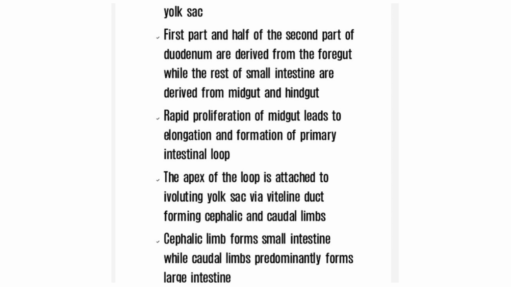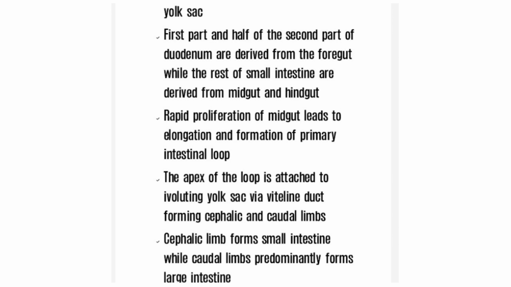And why are these loops or coils herniating out of the umbilicus? That is for the purpose of achieving more space for further development. This herniation normally occurs at the 6th week of intrauterine life. I know you are wondering why these intestines herniate out. The reason is the small space of the fetus.